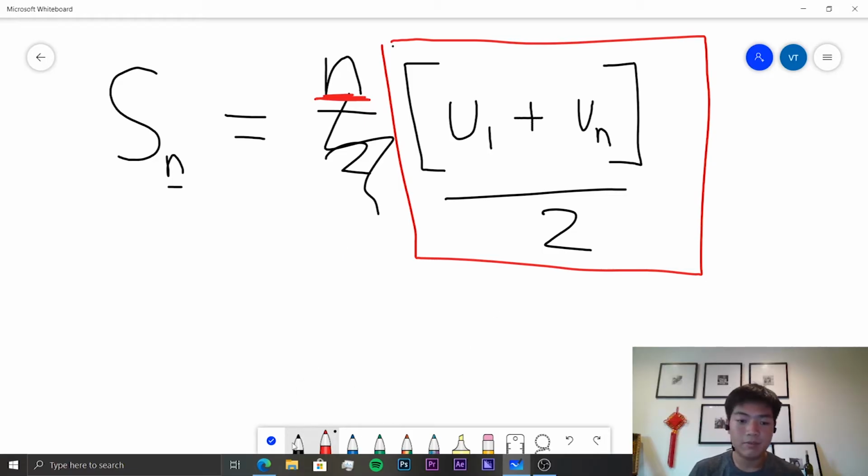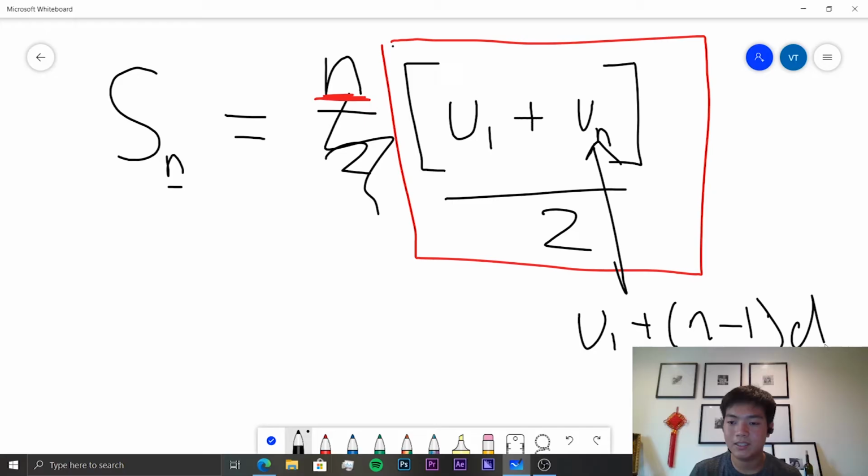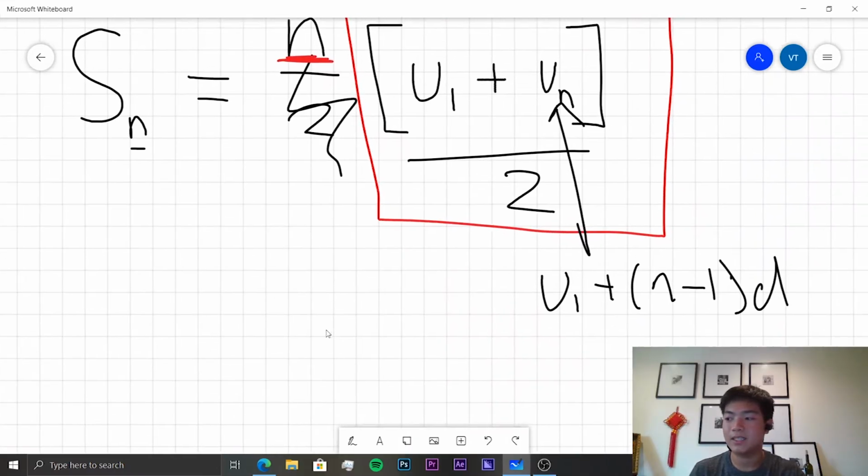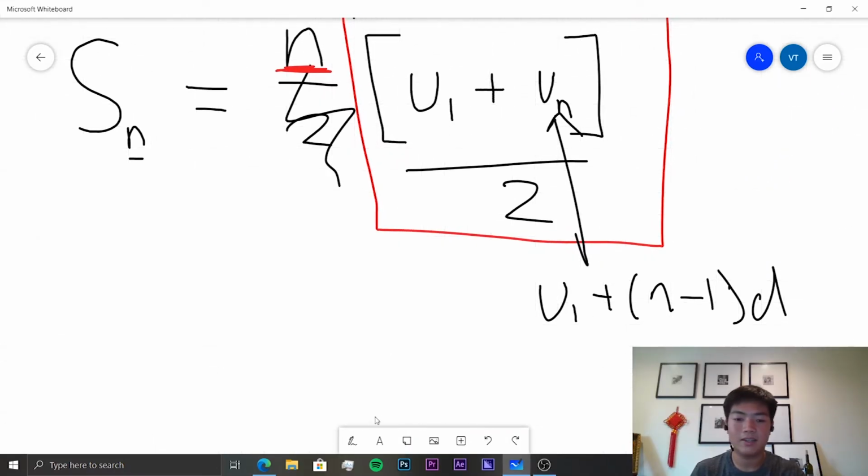So we can rewrite this a little, since we know u_n is equal to u_1 plus (n minus 1) times the common difference. So this is also equal to, oh, sorry. I need to bear in mind where you guys can see me, because I have the camera on.